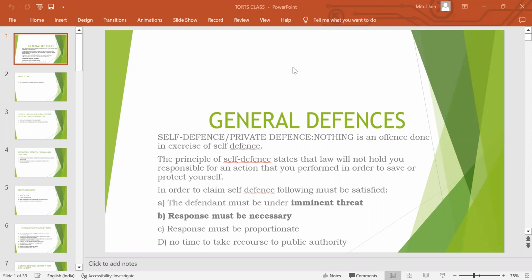Okay, and what is injuria sine damnum? What is injuria sine damnum, class?